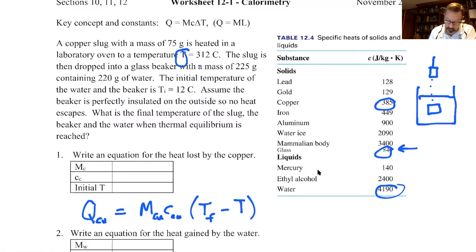And now I can fill in, what do I know here? I know the mass of the copper, converted correctly to kilograms. The specific heat of copper looks like 385 joules per kilogram Celsius. And remember, the fact that that's Kelvin is okay.